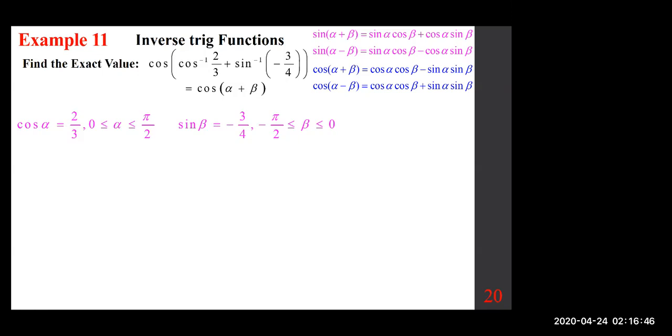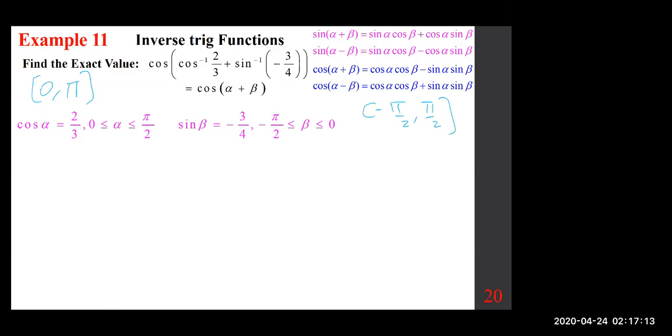Because the inverse function for cosine, remember, goes from 0 to pi. Everybody remembers that. For sine, it goes from negative pi/2 to pi/2. Therefore, beta must be in the fourth quadrant, okay? And so you are going to calculate cosine of alpha plus beta using the third formula.